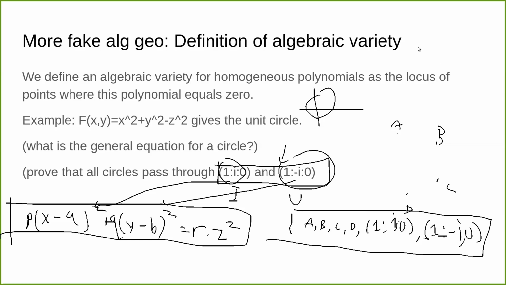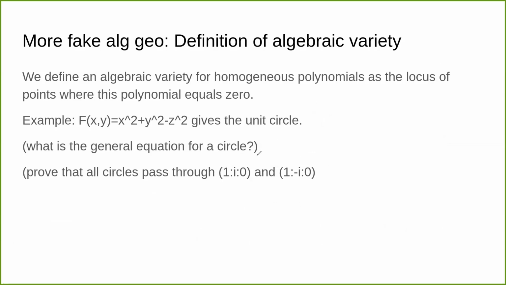Hopefully this kind of makes sense. So any conic going through these 2 points is just a circle. These are complex, so you can't see them, but just try to visualize them somehow.